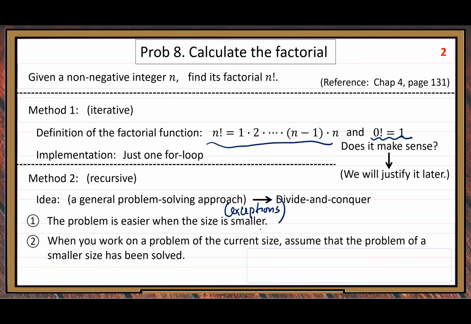So we go from the previous problem size. We can assume that a problem of smaller size has been solved, so we can just use that result directly. We do not need to use the smallest size cases. We can start from some higher level.